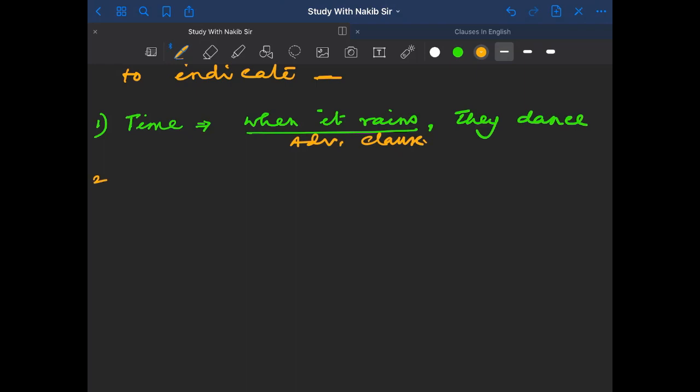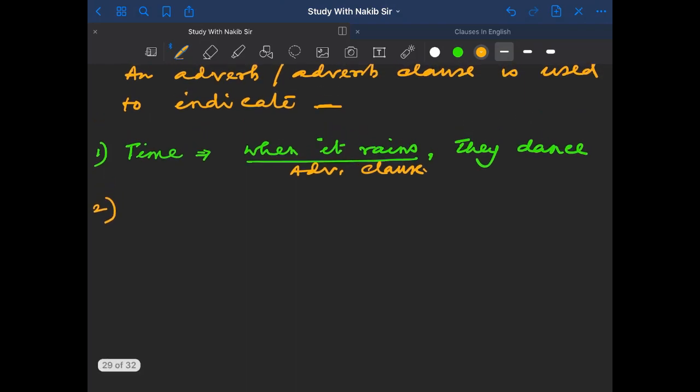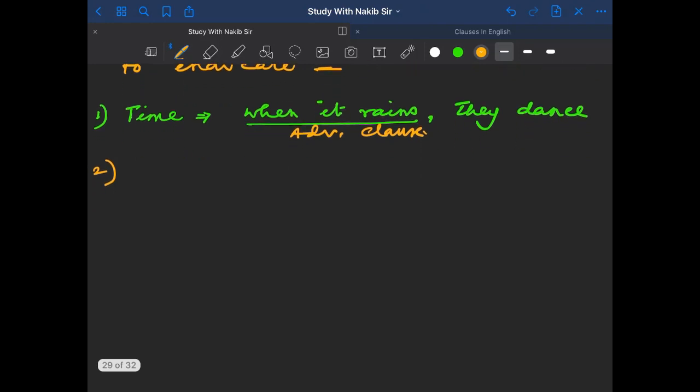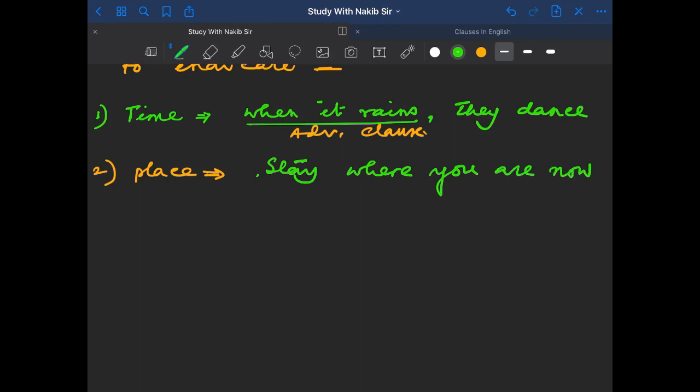Okay. Number 2, an adverb clause is the clause that indicates a place. See the example, stay where you are now.